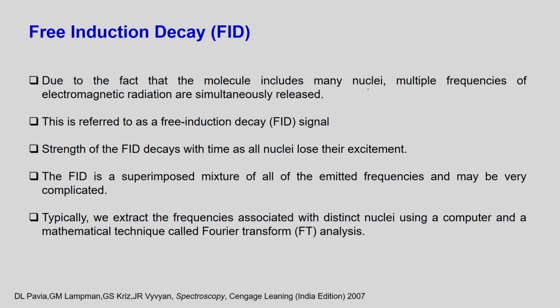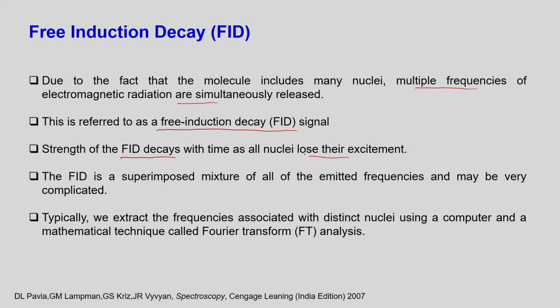As it includes many nuclei, you use multiple frequencies. This results in what we call the free induction decay signal, FID. The FID decays because all the frequencies will ultimately lose their excitation as you release the energy after a burst.